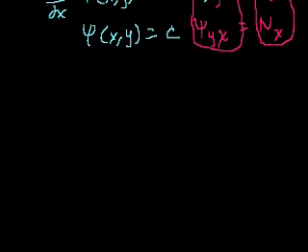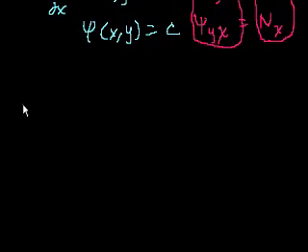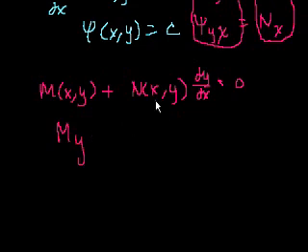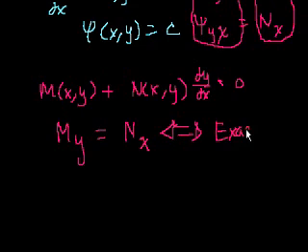So let me rewrite all of that again and summarize it a little bit. If you see something of the form m of x,y plus n of x,y times dy dx is equal to 0, and you take the partial derivative of m with respect to y, and the partial derivative of n with respect to x, and they are equal to each other, then, and it's if and only if, so it goes both ways, this is an exact differential equation.